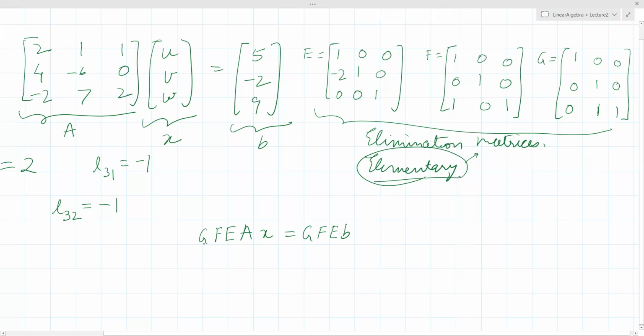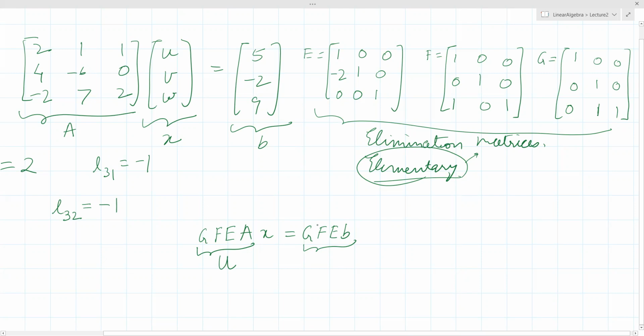Now let us call this particular matrix U. I can give any name to this matrix. And let us call this one something else. What will be the size of this particular matrix?